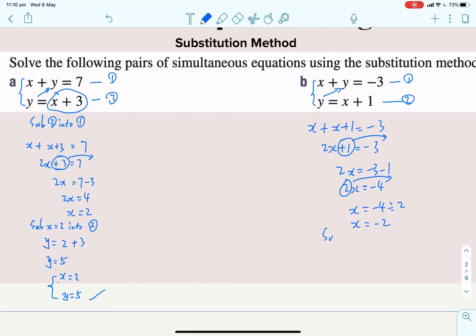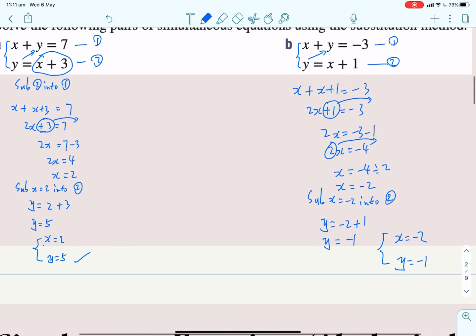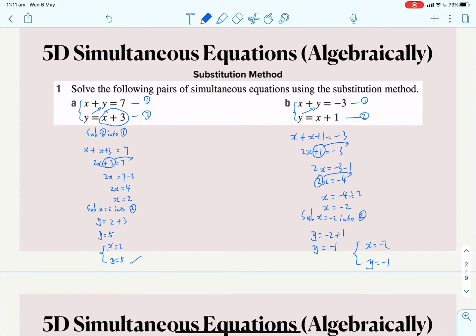And then we need to substitute back. x equals -2 into equation 2, which seems easy, so we do equation 2. y equals -2 plus 1, y equals -1. If you're not sure, check on the calculator, okay? So we've got x equals -2, y equals -1. It doesn't matter which one you substitute into, you always get the same answer, okay?